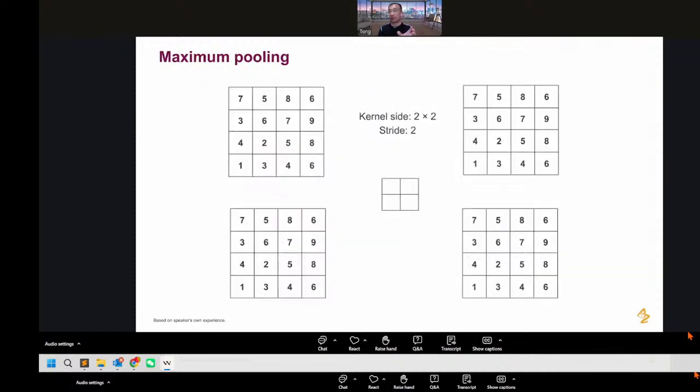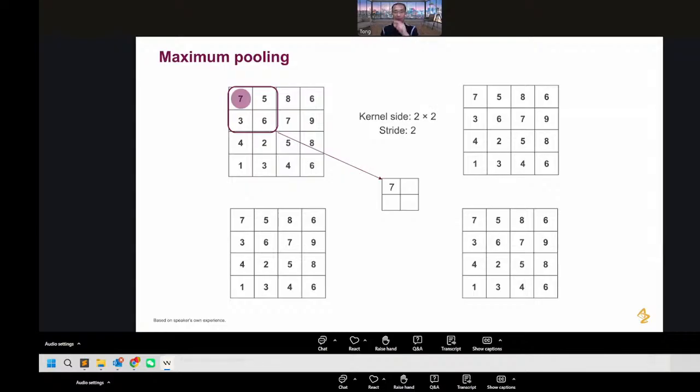After the convolution step comes the pooling. Here you have a 2x2 kernel size, though you can define a different size, and I'm just using 2x2 as an example. The stride moves by one feature or by two features; here it is a 2x2 kernel with stride two.